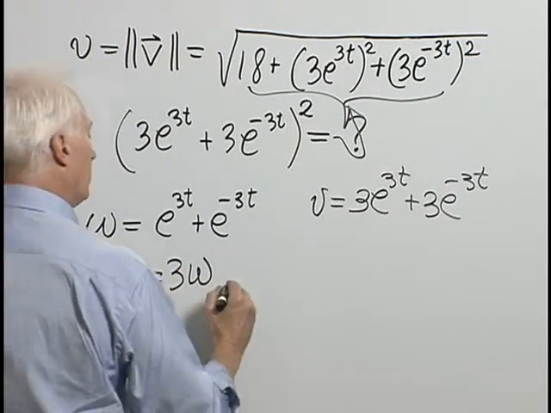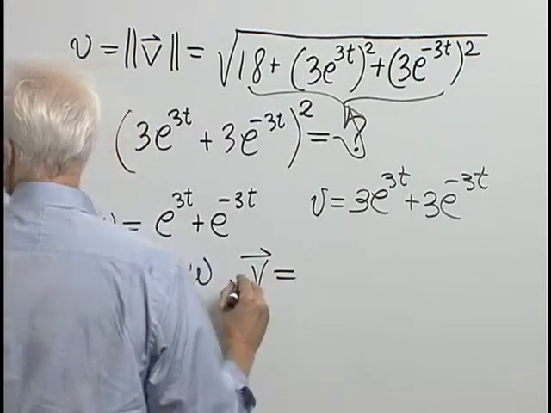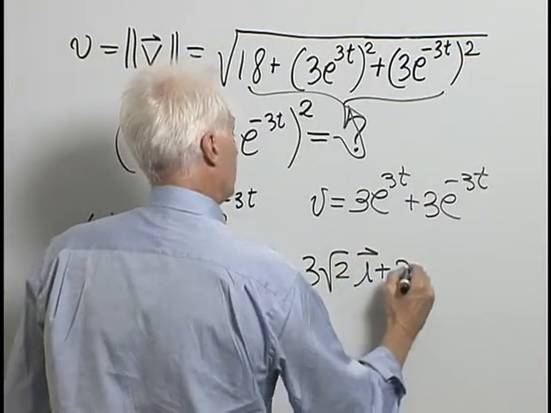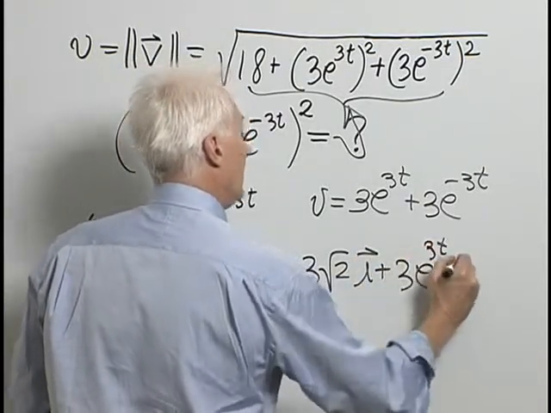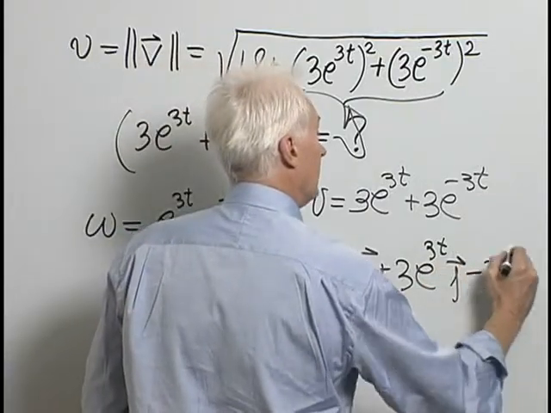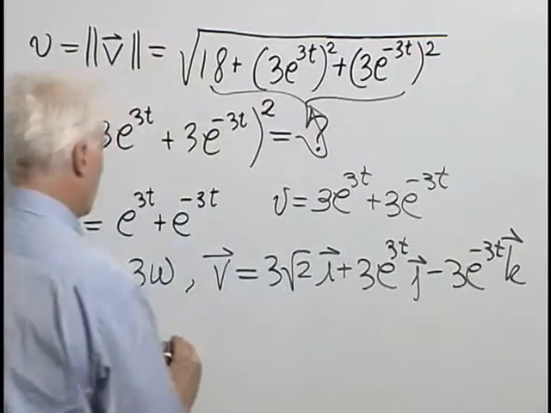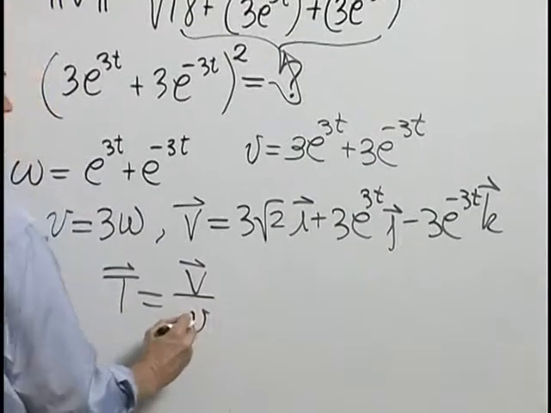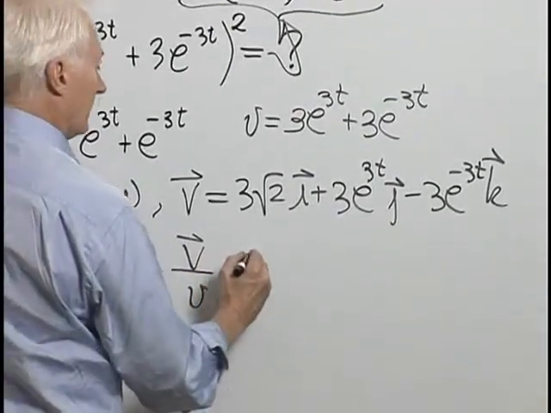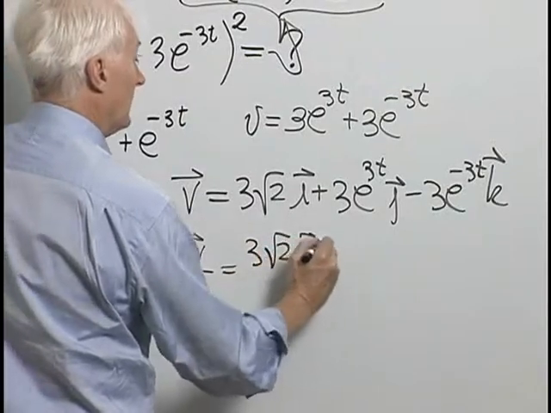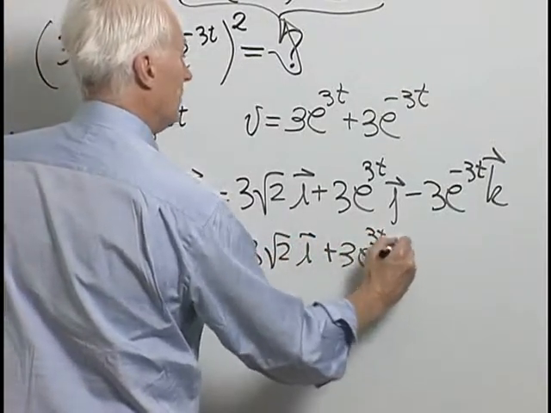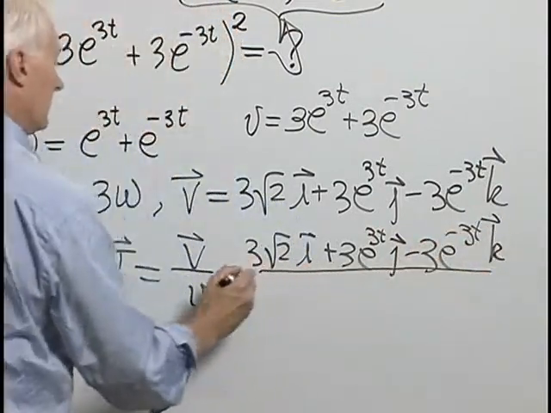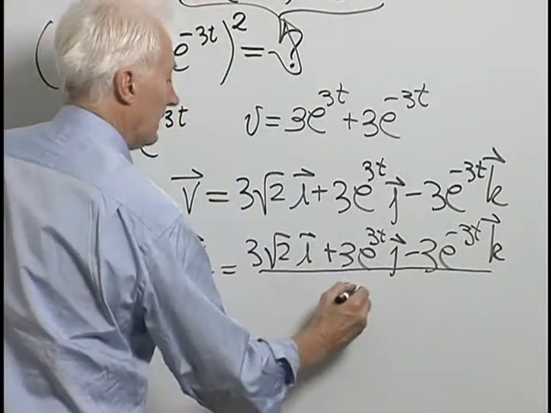So what about our velocity vector? Remember, that is 3√2 i plus 3e^(3t) j minus 3e^(-3t) k. And so our unit tangent vector, remember, is the velocity vector divided by the speed. So that is 3√2 i plus 3e^(3t) j minus 3e^(-3t) k, and all this is divided by v, which for short I'll just write as 3w.